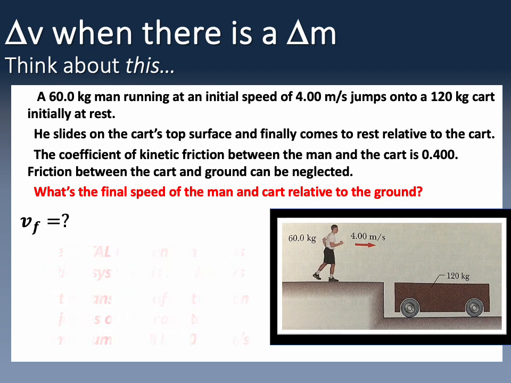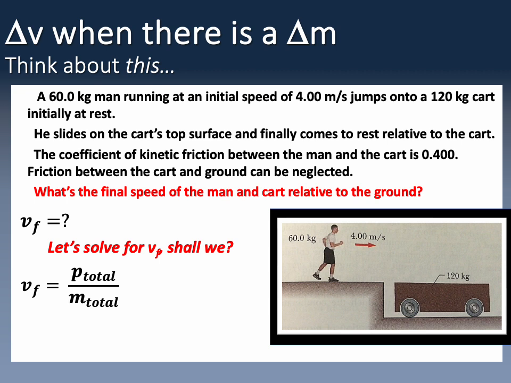Well, now we can solve for that final velocity. Because we know how much momentum there is in this system, the human cart system, and we know the total mass. It's not 60 kilograms, it's not 120 kilograms, it's 180 kilograms.